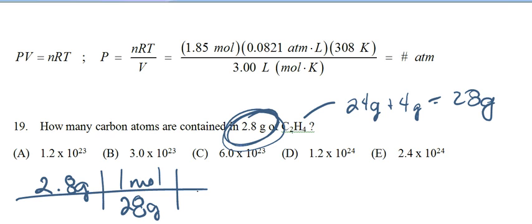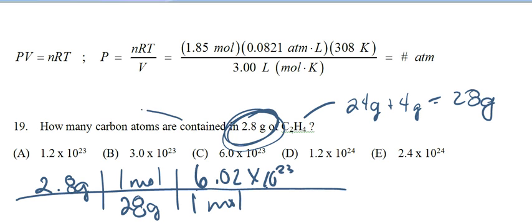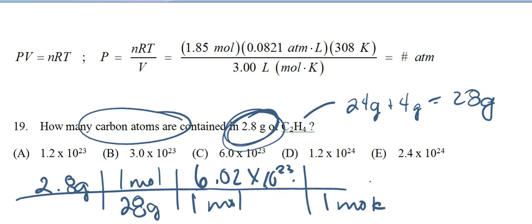How many carbon atoms? So we know in 1 mole we have Avogadro's number. And again, you do not need a calculator to do this. It wants to know how many carbon atoms. So let's see, and that's how many molecules we have. So in one molecule, we have 2 carbon atoms.